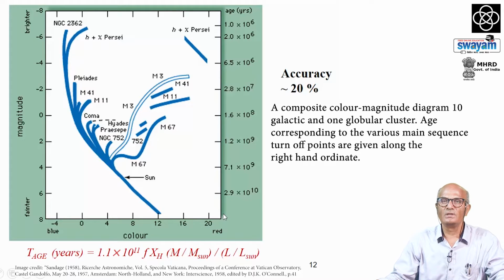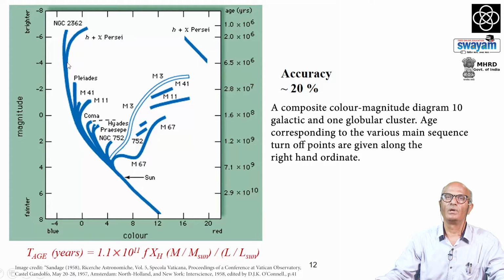And on this axis, it is the age of the main sequence star determined from the turn off point. So, for example, this arrow indicates the location of the sun. As we know, the age of the sun is about 4.5 gigayears. This one is younger than that, M67, and this is a globular cluster. And then the various isochrones which are displayed here.